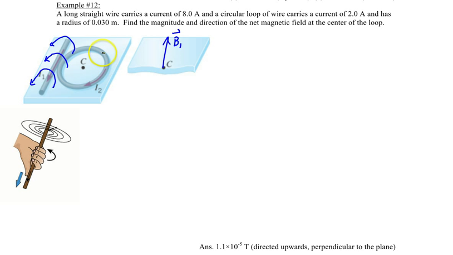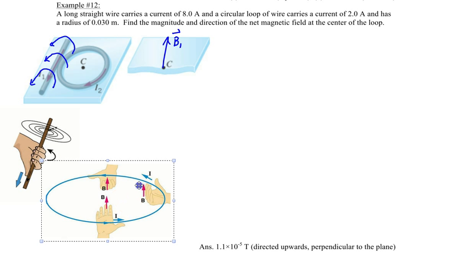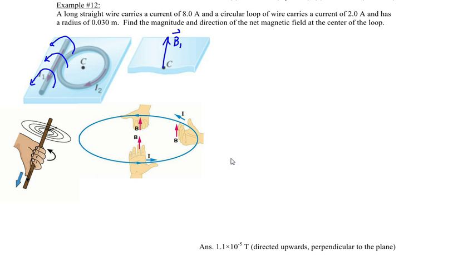Now for the circular loop, it's a little bit of a different rule. I tried to find a picture that would show you this using the same sort of right-hand rule. If you grab the wire so that your thumb points in the direction of the current, however, in my diagram the current is going counterclockwise, but in this problem it's going clockwise.